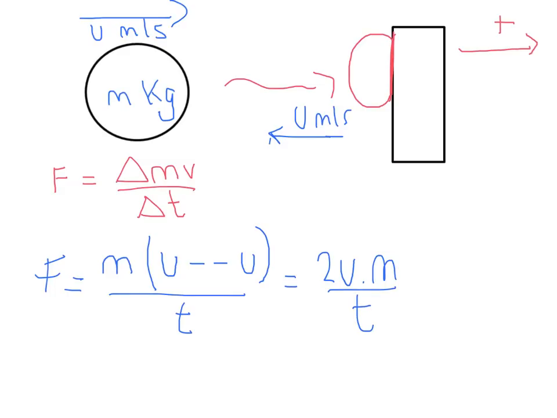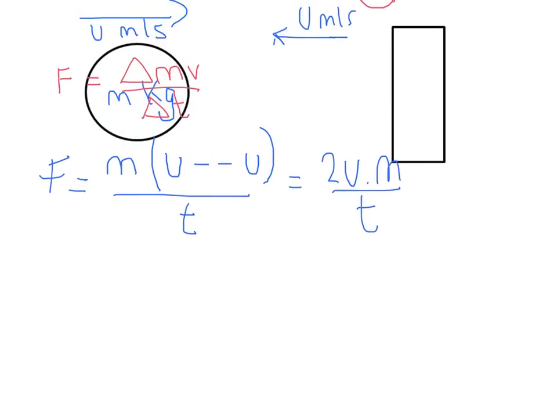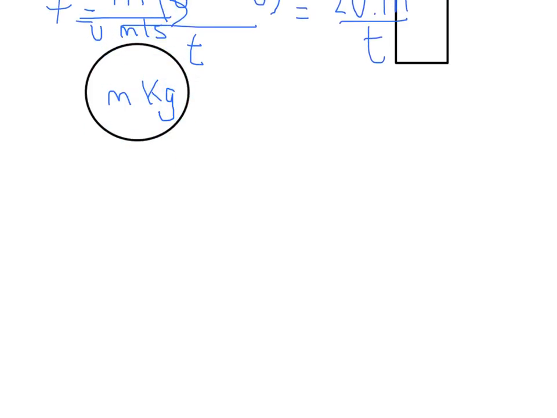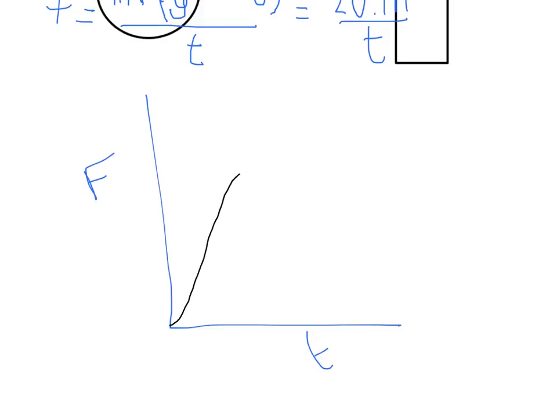Okay, so what's that actually going to look like if we plot this graphically? And things are going to get a bit jumbled up here, but I just want to clear them out of the way so we don't need those anymore. If we sketch our axes like before, so we had force and time, with this sort of impact, what you'll actually see is you'll get something along the lines of this.